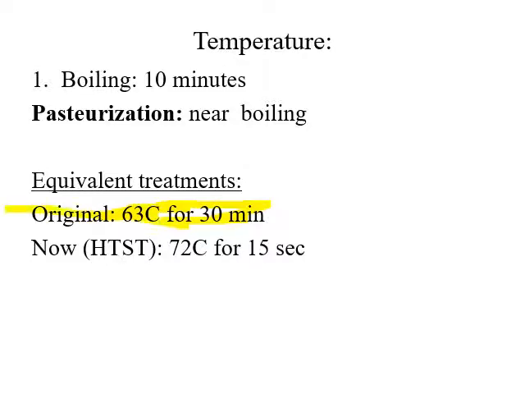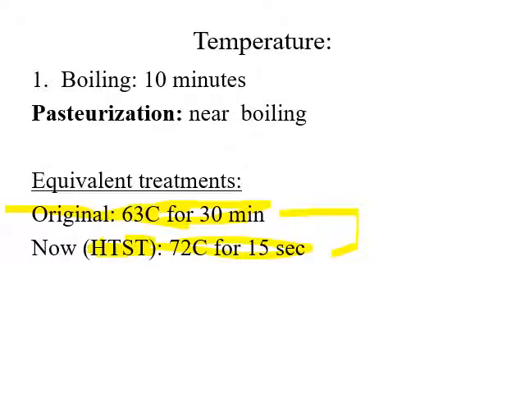We've since improved on that with something called high temperature short time pasteurization. HTST pasteurization refers to 72 degrees for 15 seconds. If you heat milk to 72 degrees for 15 seconds, it's equally effective at sanitizing the milk as heating it to 63 degrees for 30 minutes.